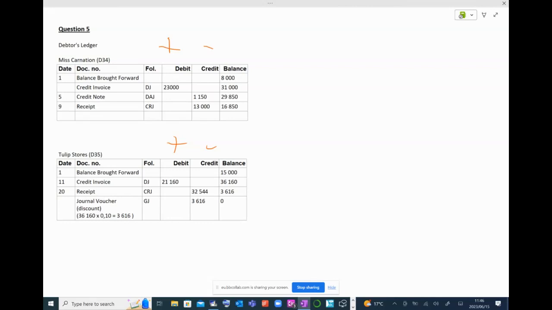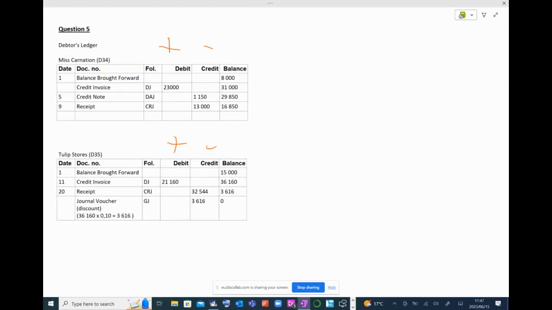But we need to know our source documents. I don't know how they asked this one. Let's just double check. It says again, note, in the doc number column in the answer booklet, provide the correct name of the document.